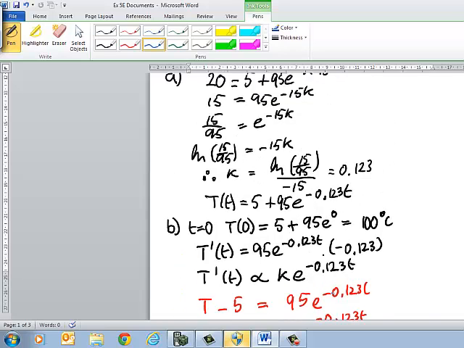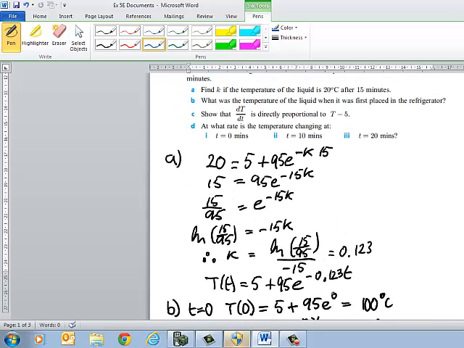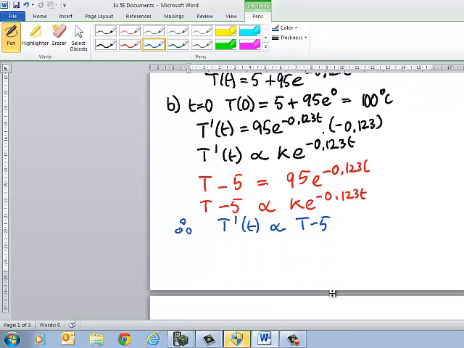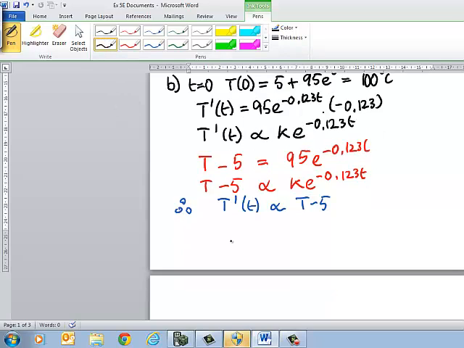The next part of the question asks us to find the rate of change at various times. Now obviously we could put into the original equation, so we've got our model, and if we rewrite that as T dashed, when you times the negative 0.123 with the 95, you get negative 11.685 e to the negative 0.123t.